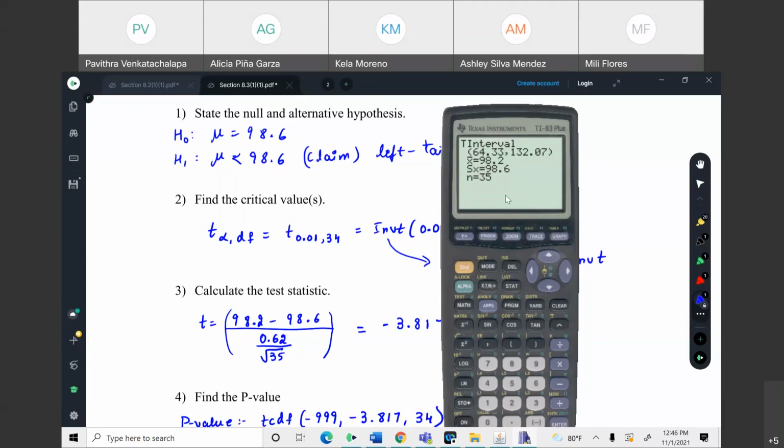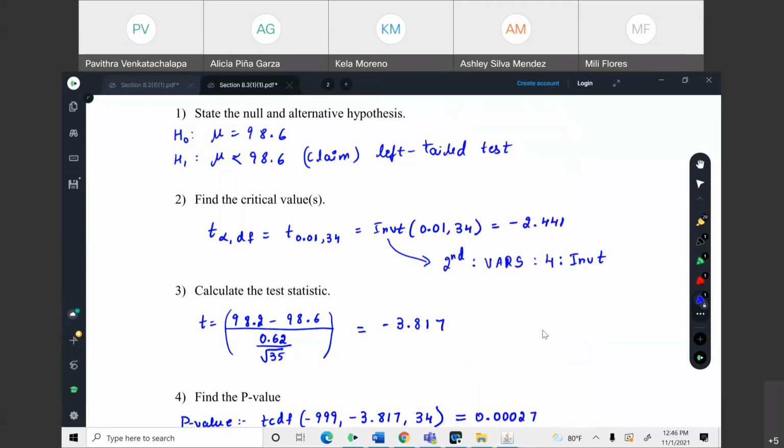Get the interval. Okay, so I'll just check this and I'll get back to you.